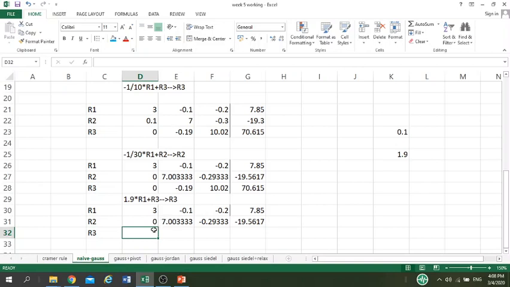So for row 3, we have to 1.9 times row 1, times row 1 plus row 3.